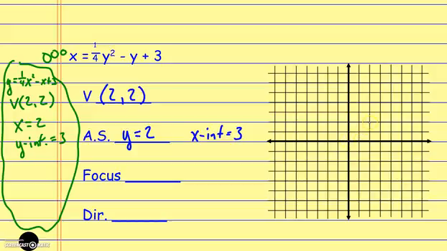If I go 2, 2, it's right here. I've got an axis of symmetry right here. If I plot that, notice that's a horizontal line now, because this one's going to open left and right. If we apply the same things we know about parabolas that open up and down, the a value being positive signifies that this thing opens to the right instead of the left, and the x-intercept helps us with that if I reflect it.